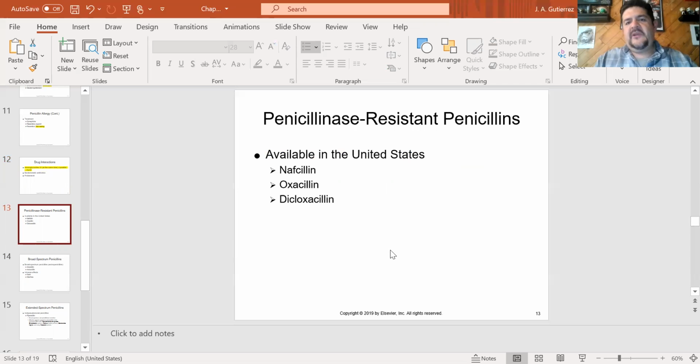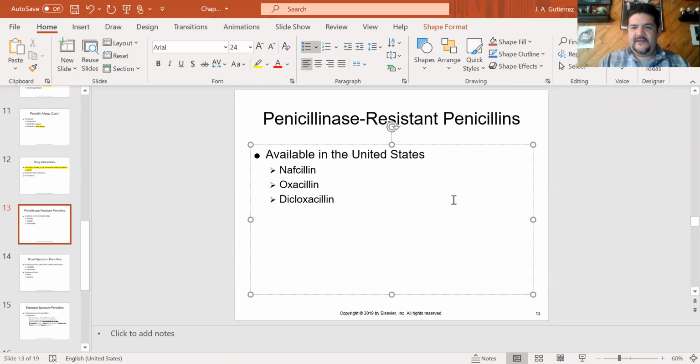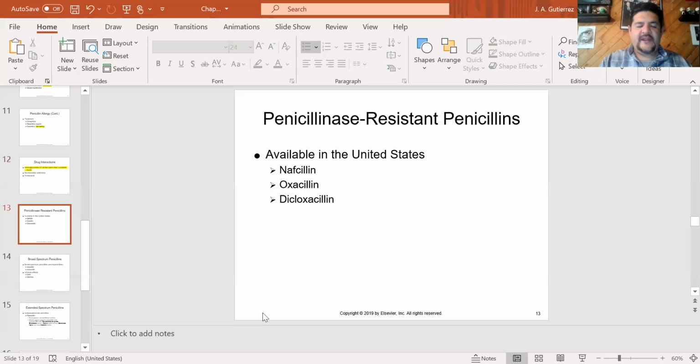Now, like I mentioned, the overuse of antibiotics is producing resistance. And we have, and this is a tongue twister, penicillinase resistant penicillins. These are penicillins that are designed for those infections that have already proven to be resistant against penicillin.